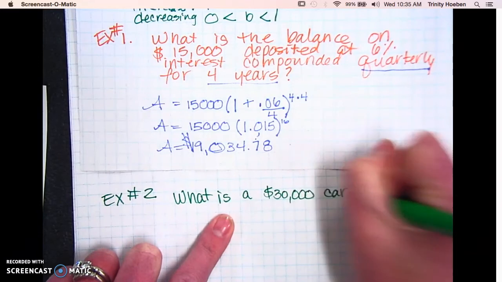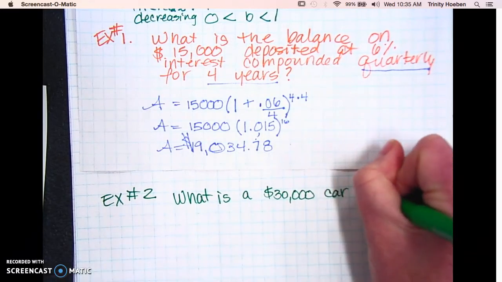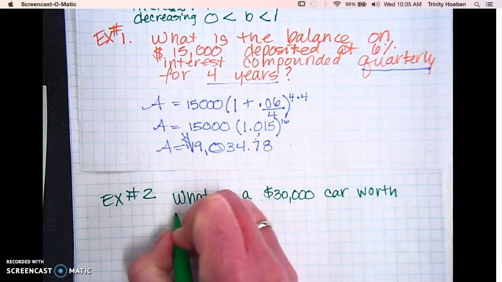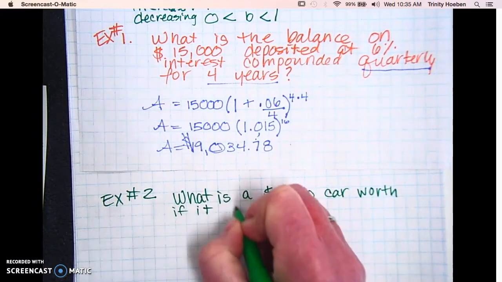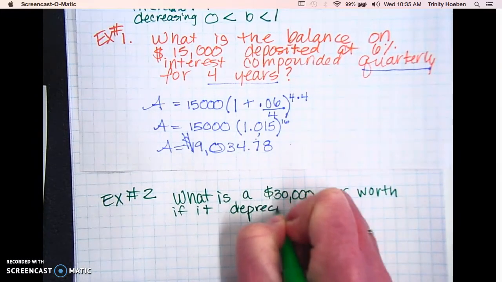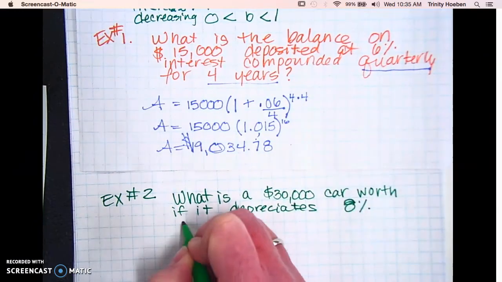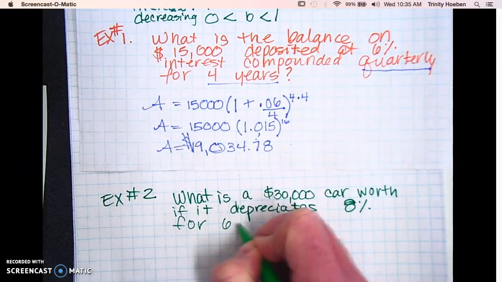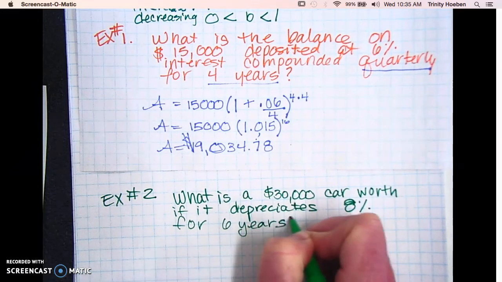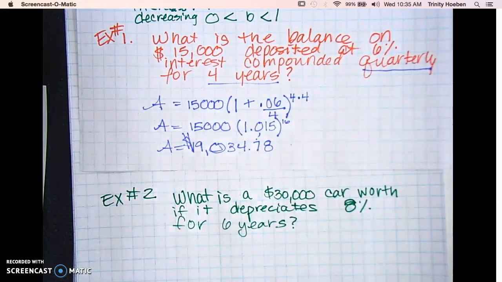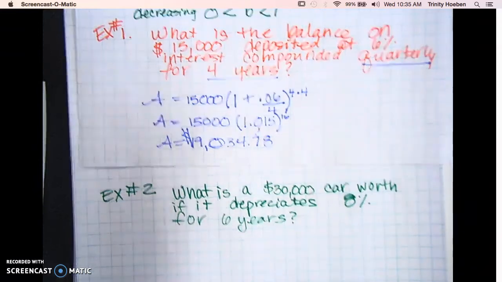So what is this $30,000 car worth if it depreciates 8% for 6 years? Okay, you're not going to own the car for the rest of your life. You're probably only going to own it for about 6 years. And then you want to sell it on Craigslist or Cars.com or whatever. So you need to know what it's worth.